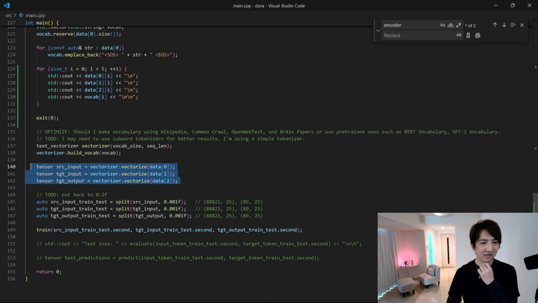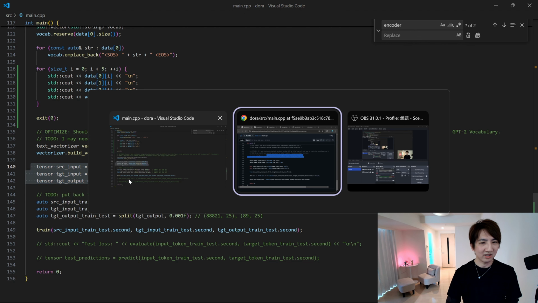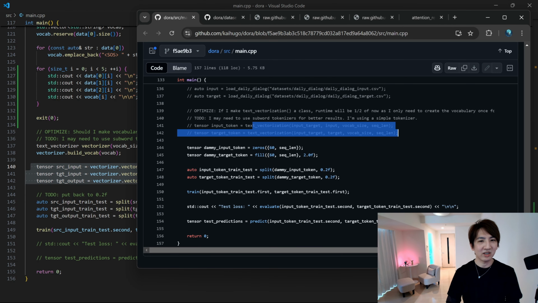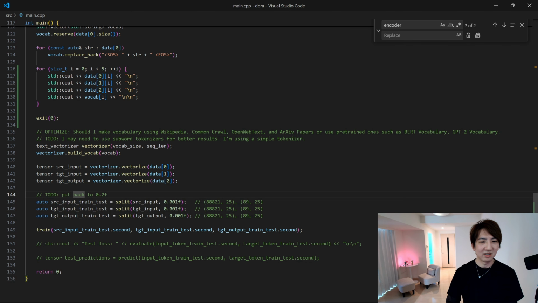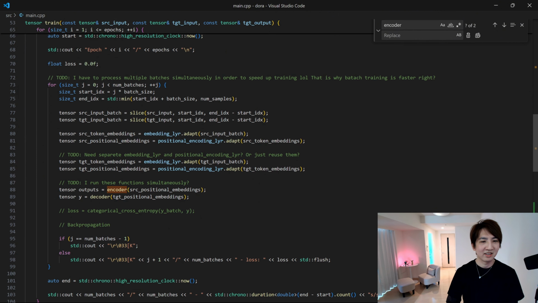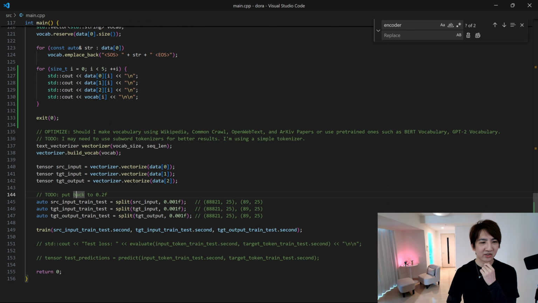So now I just make the vocabulary once, and after I did that, I prepared input for the encoder and decoder and output for the decoder.